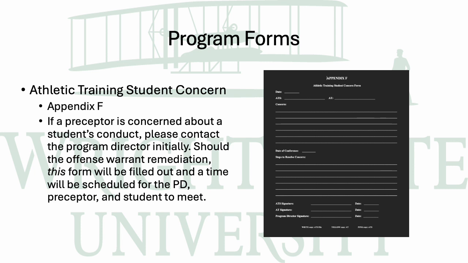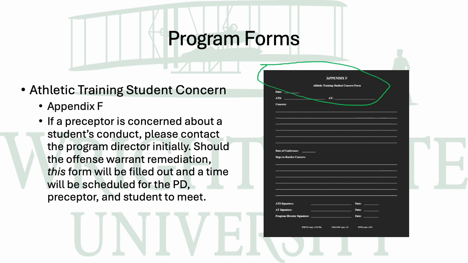We do have a place, if necessary, in our P&P manual. Appendix F has the student concern form. If you find that the student's conduct is not professional, or there is something that demands immediate remediation, then please first contact the program director to discuss what is happening and what specific offense has happened.